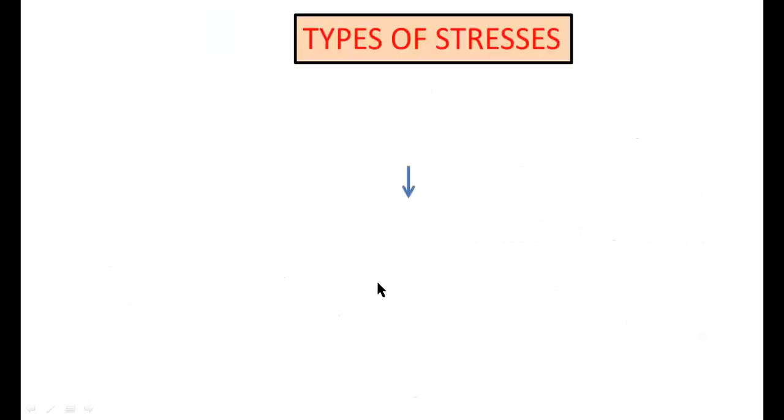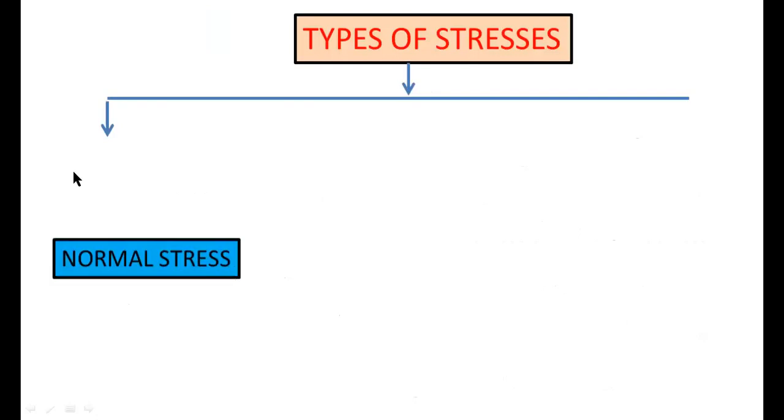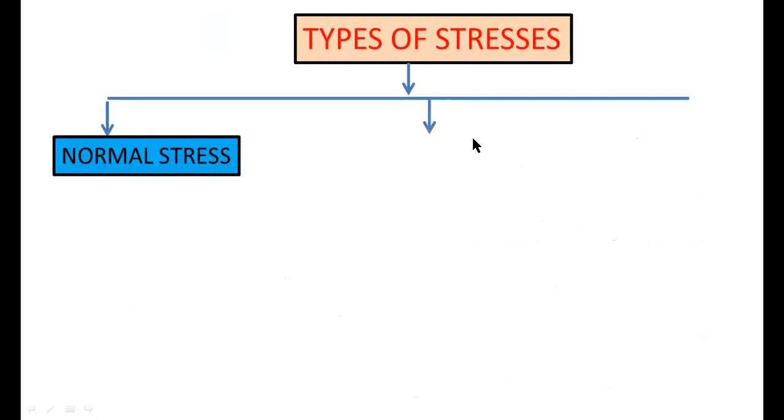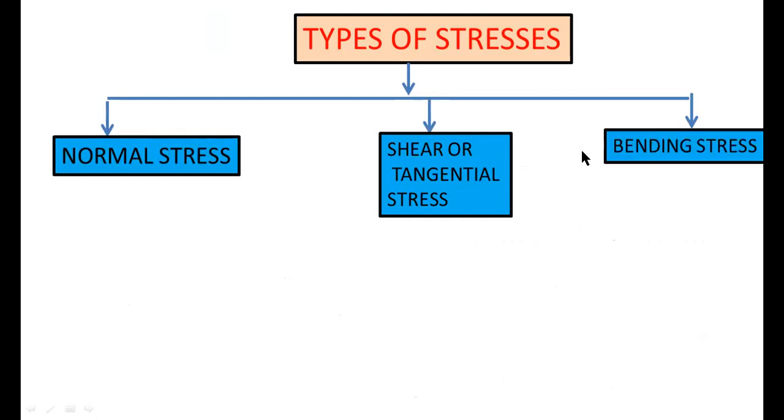Now types of stresses. Stresses are broadly classified into normal stresses, shear stresses, and bending stresses. Bending stresses are formed by bending loads. Shear or tangential stresses are formed by shear loads.